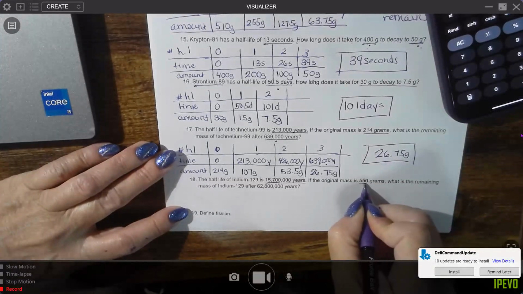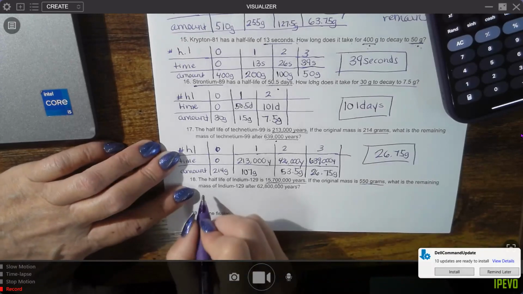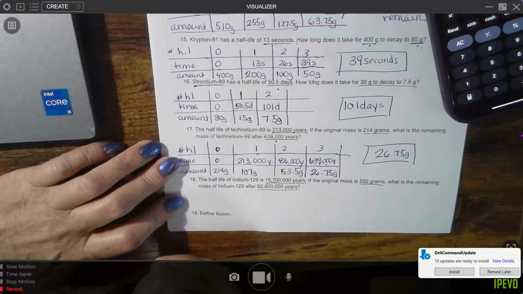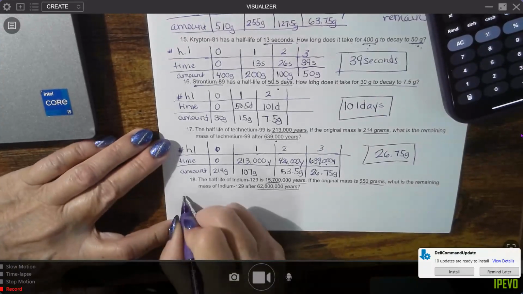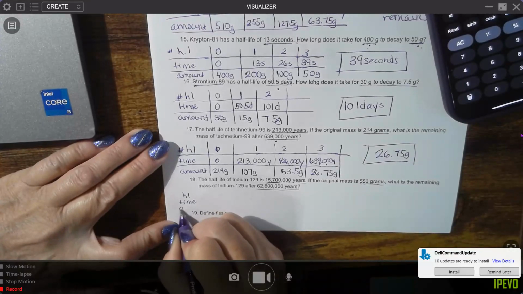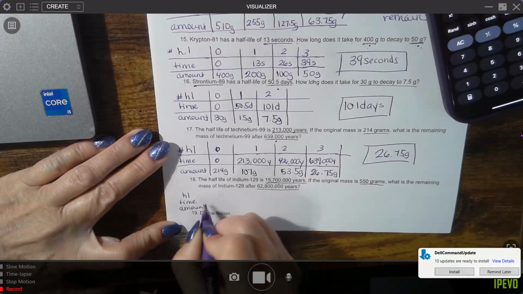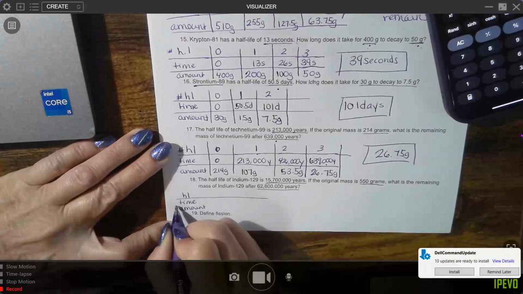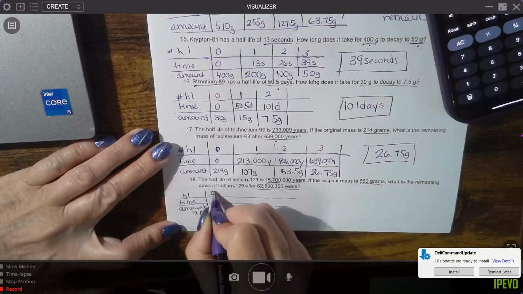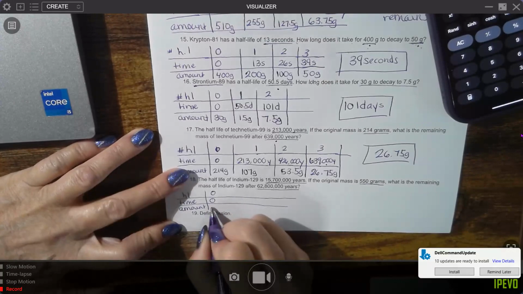If the original mass is 550 grams, what is the remaining mass after 62,800,000 years? All right, so half-lives, time, amount. At time 0, what do we start with? 550 grams.